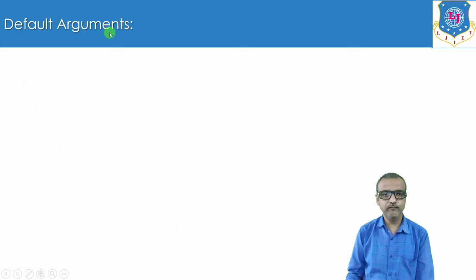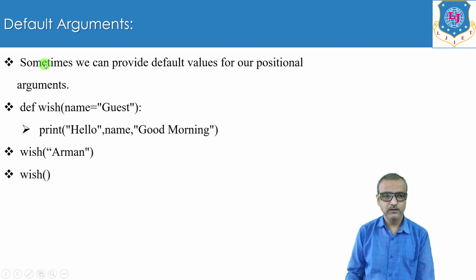Now we will see default arguments. So what are default arguments? Sometimes we can provide default values for our positional arguments. For example, here we have declared one function, that is, first of all we have to write down the keyword def, then after function name wish, and then after name equals to guest.